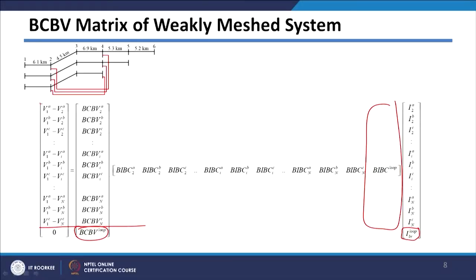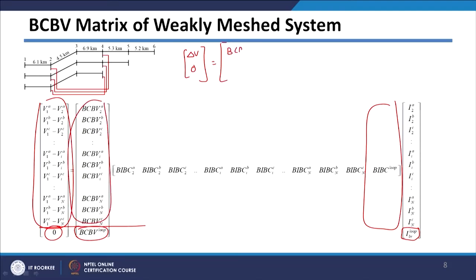So, this part is your delta V, and this part is 0. This part is radial, this part is loop.